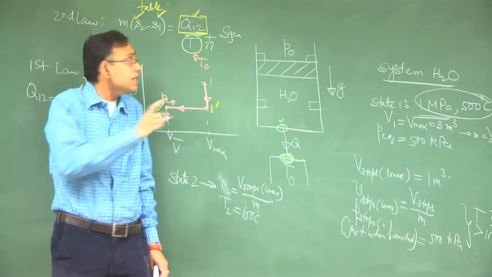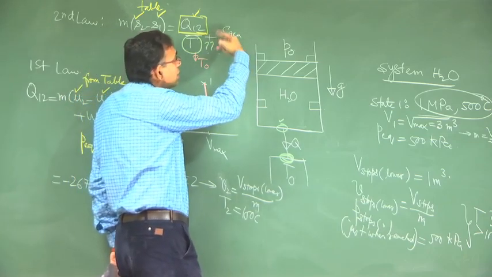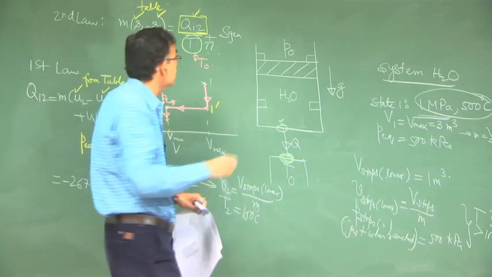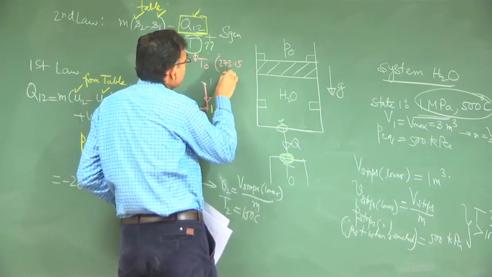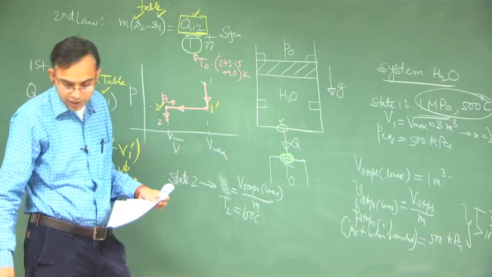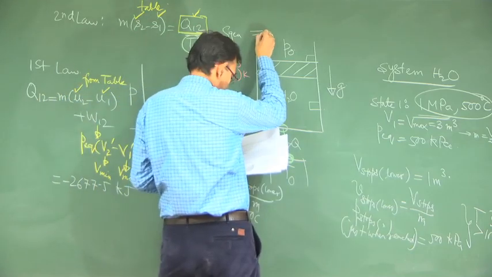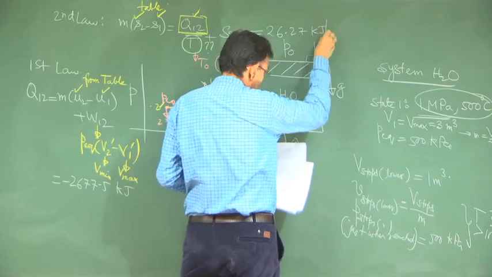So, what temperature you substitute here depends on entropy generation for what you are calculating. Okay. So, this is 273.15 plus 20 Kelvin, and then the final answer to this is 26.27 kilojoule per Kelvin.